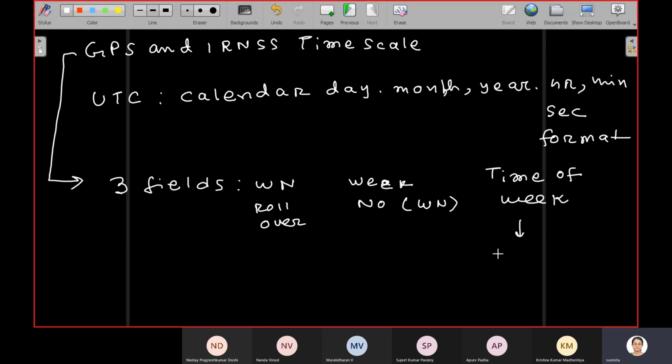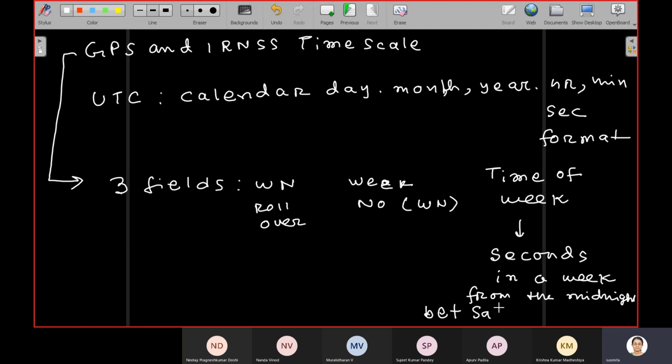Okay, time of week tells the seconds in a week from the midnight between Saturday and Sunday of the preceding week.